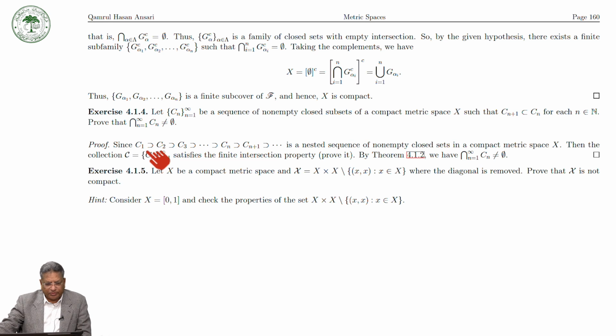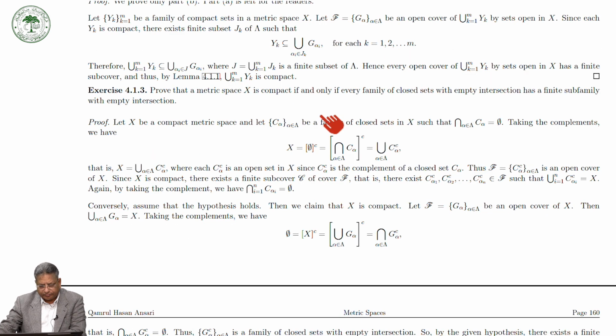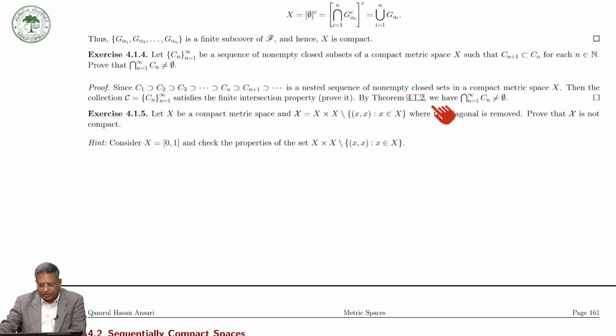You have to prove that because of this it satisfies the finite intersection property, and then by the theorem, a set X is compact if and only if it has non-empty intersection. And therefore the intersection of the Cn is non-empty. So this way we can prove this exercise.